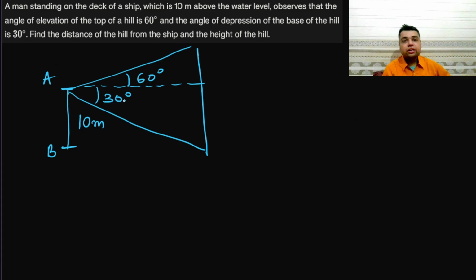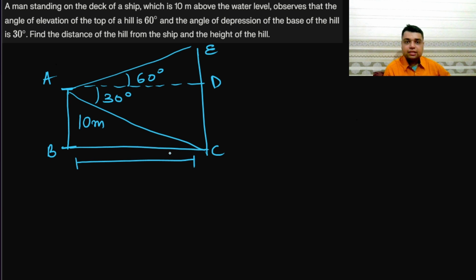Okay, so this is 30 and find the distance of the hill from the ship. So we need to find this value. Let's say B, C, D, E. Okay, so we need to find BC, this value. Second, the height of the hill, EC, we need to find. Okay, if AB is 10, so DC is also 10, right?